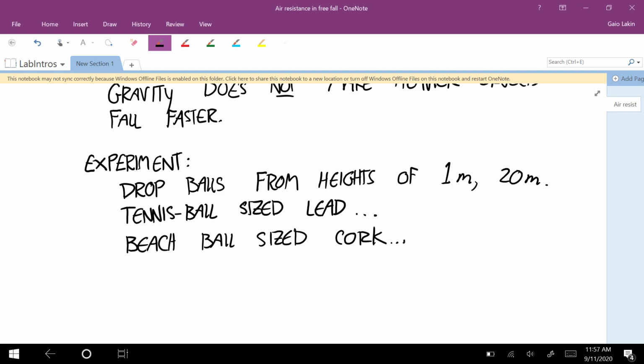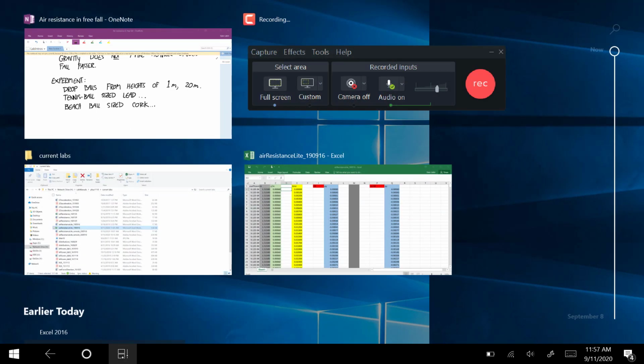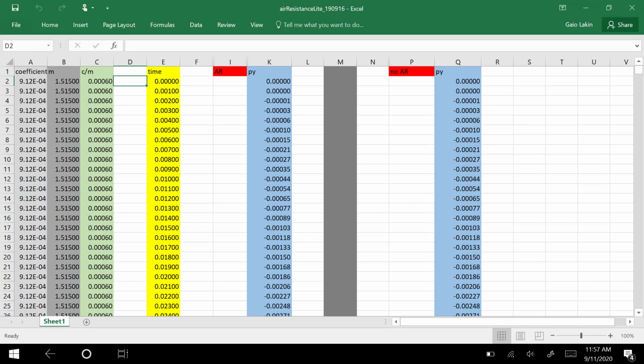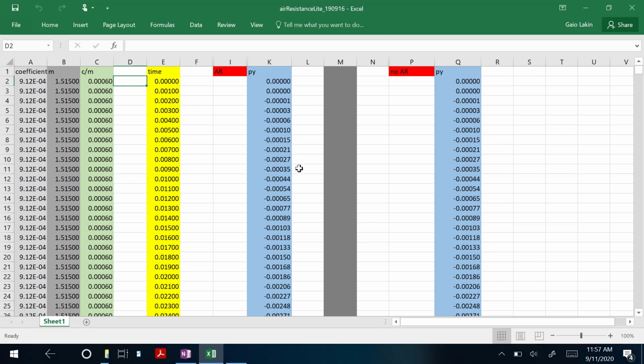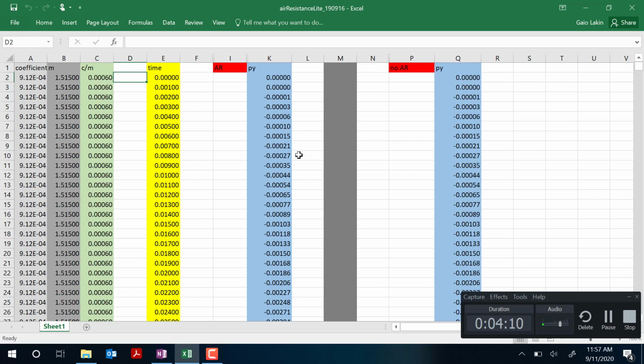Now, as far as doing the actual calculations, here is the spreadsheet we're going to use. And you don't have to know anything about these first 3 columns. Those are just the things that define the different shapes and different densities, and I'll tell you what numbers to put in to represent the different things.